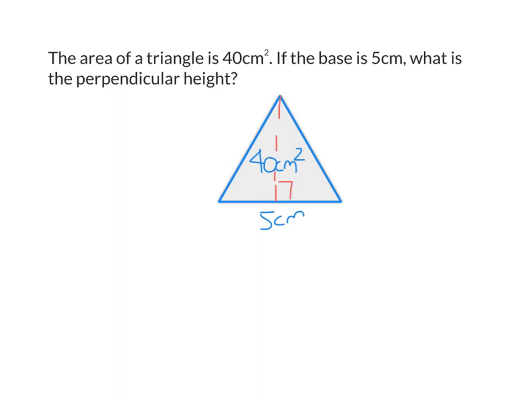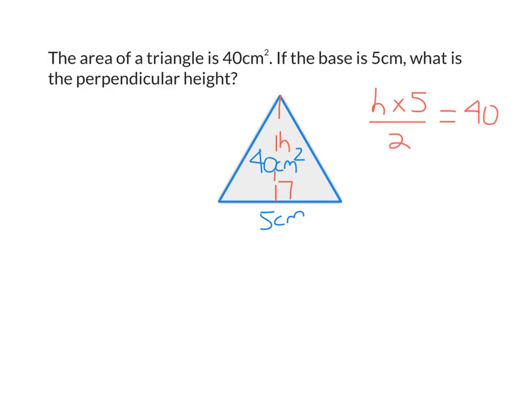A lot of people tell me the answer is 8 because 5 times 8 gives 40. That's not right, because remember, when you're finding the area of a triangle, you multiply the two things together and divide by 2. So when I multiply this height by 5 and then divide by 2, I get an answer of 40.